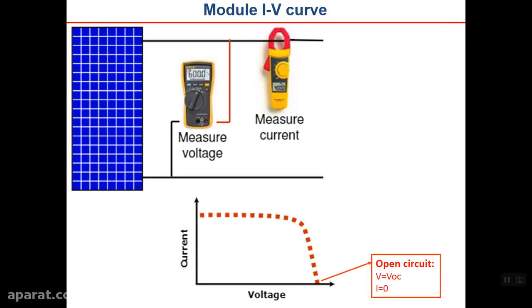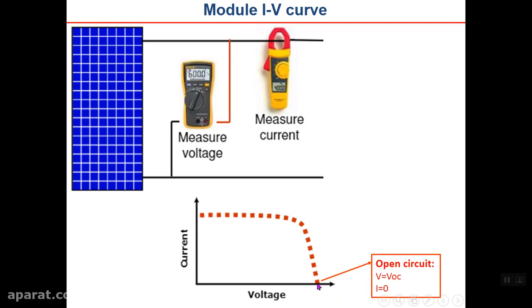We discussed the IV curve, the module IV curve. You saw that there's a curve like the one shown here below, with the vertical axis, which is current, and the horizontal axis, which is voltage. And the curve is something like this.